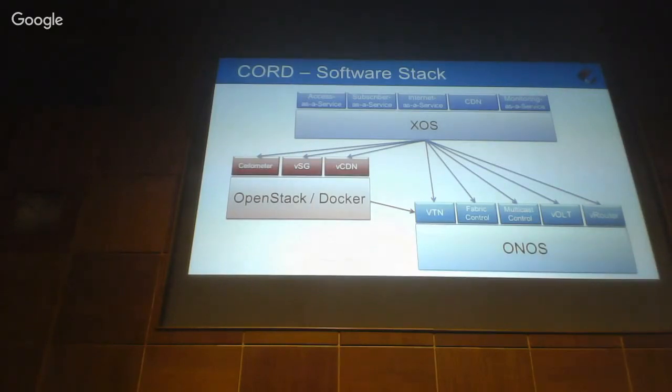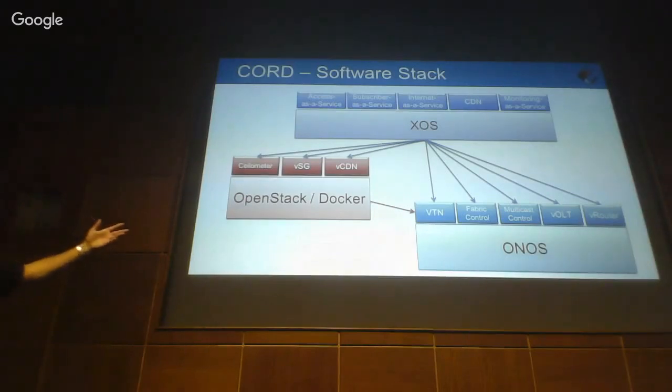So we have XOS at the top, where we define our services: access as a service, internet as a service, CDN as a service, monitoring as a service. These are all services you can define in XOS, plus whatever you could define.